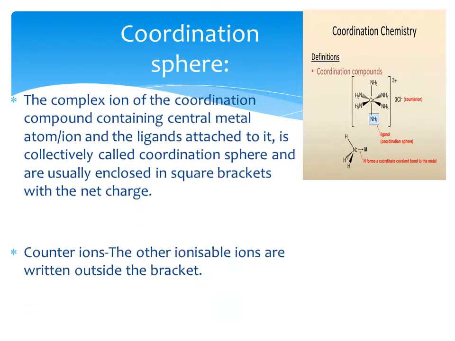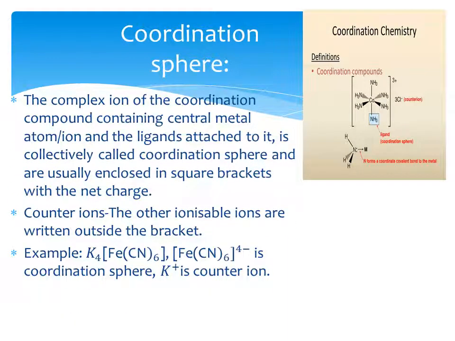Next is the coordination sphere. This is the complex ion in which the central metal atom or ion as well as the ligands are enclosed in a square bracket with the net charge. That is called the coordination sphere. Let's take an example of K4[Fe(CN)6].